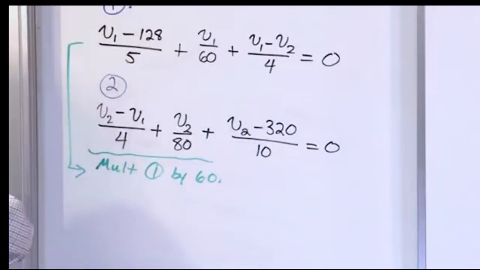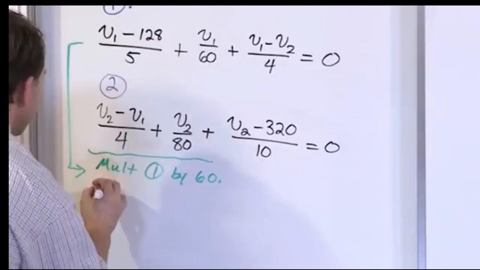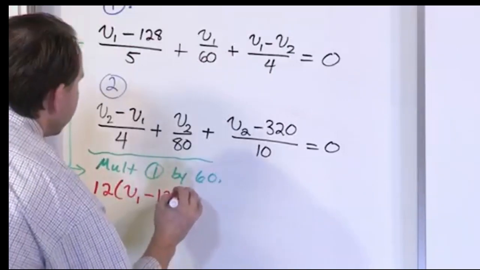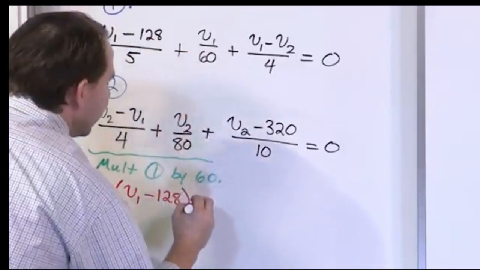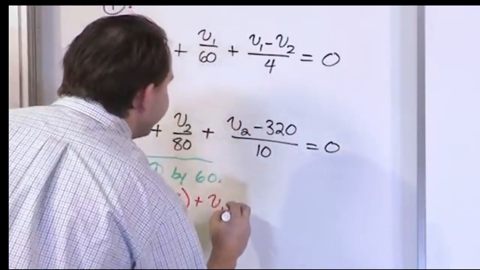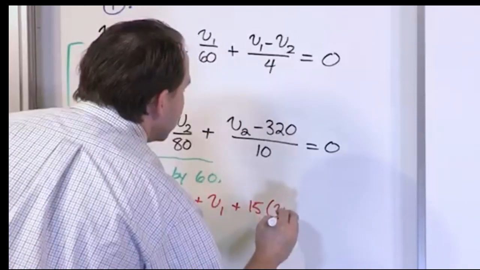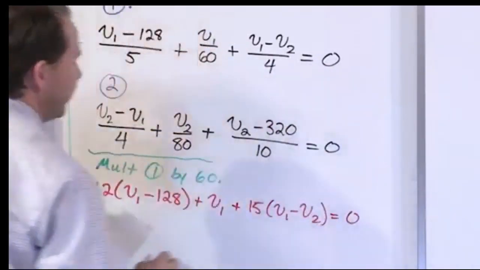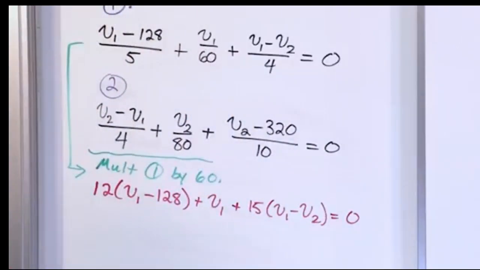Then we're going to get the following. 60 divided by 5 is 12. So we'll have 12 times V1 minus 128. Multiply by 60, we'll just have V sub 1. Multiply by 60 divided by 4, you're going to get 15 times V1 minus V2. Multiply by 60 over here, obviously you get 0. So we've cleared away all the denominators.